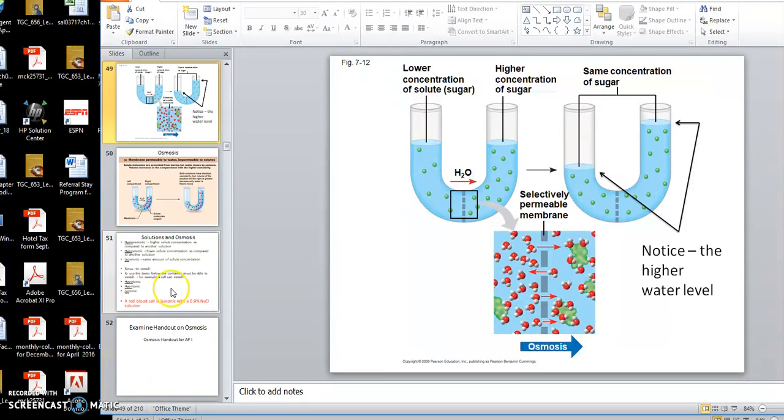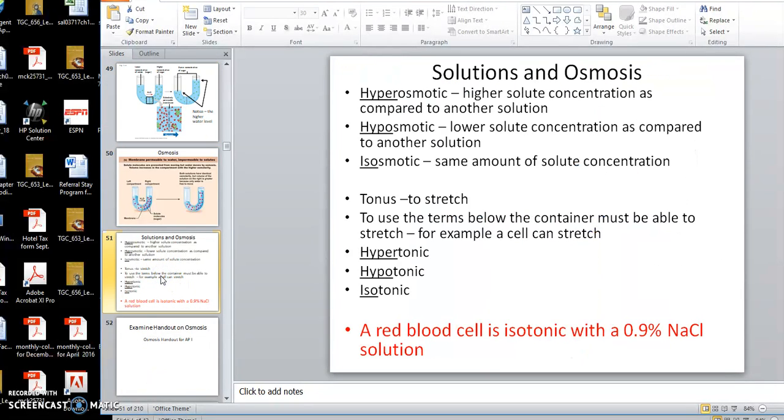So when we start talking about osmosis and the solution, these are terms I want you to start studying: hyperosmotic, hypoosmotic, and isoosmotic. The hyper, hypo, and iso, this is the way you have to think about it.